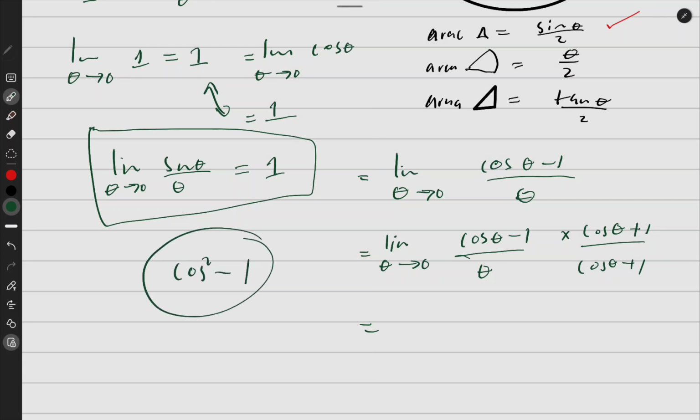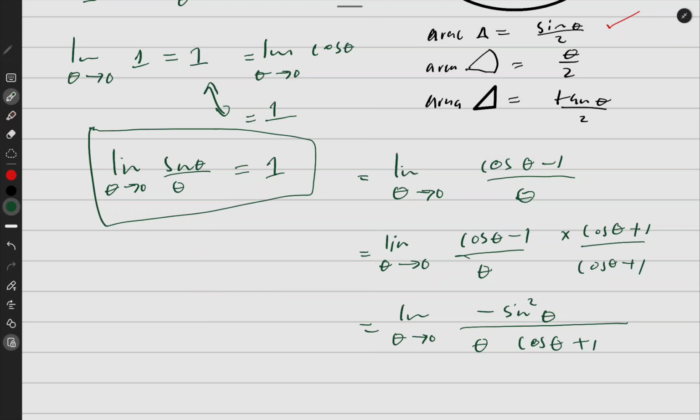If you notice the trigonometric identities, the limit as theta goes to 0 of this equals negative sine squared theta, all over theta times cos theta plus 1.